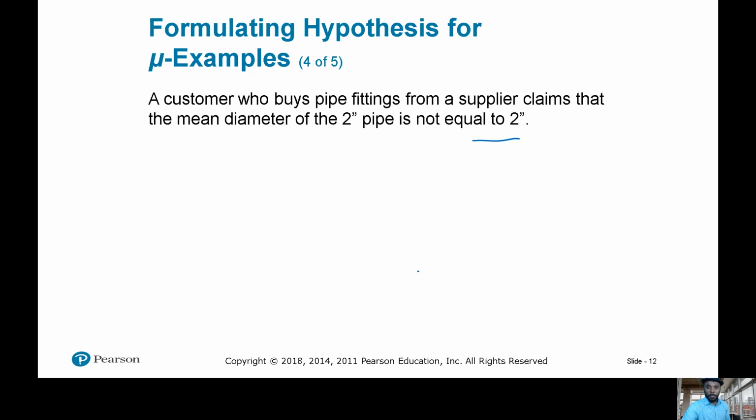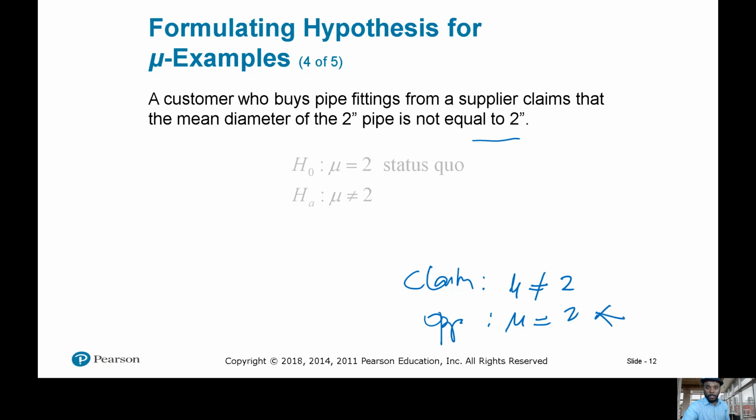So our claim is that mu is not equal to 2, and the opposite is that mu is equal to 2. So our null hypothesis will be the opposite. That is our null hypothesis, and our claim will be the alternative. All right, and you know that it's going to be a two-tailed test.